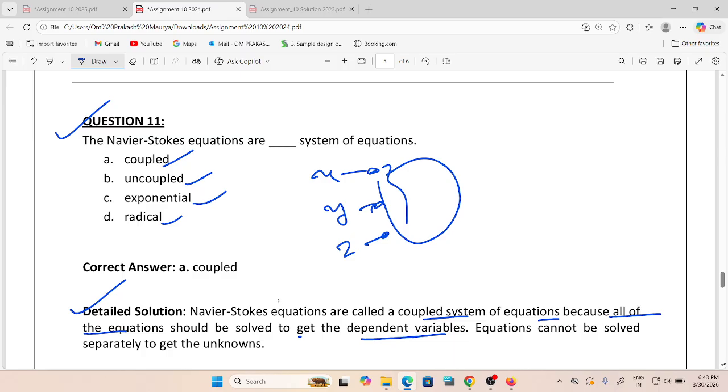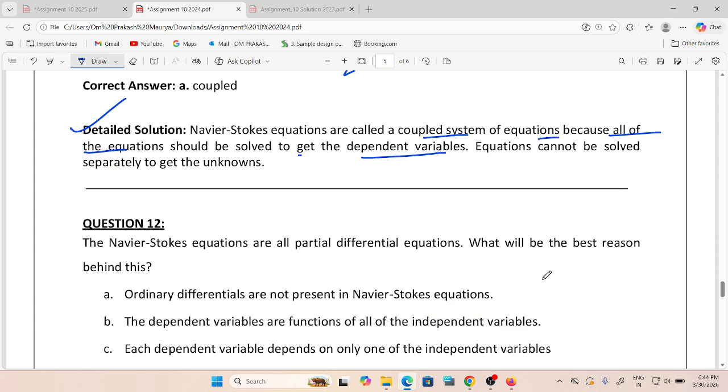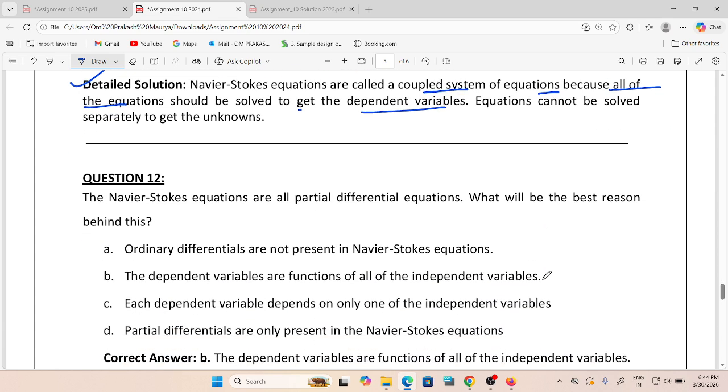Such type of dependency is known as a coupled type of equation. So always remember. Here option A will be correct for question number 11. Very easy question. Now we'll move on to the next question, question number 12.